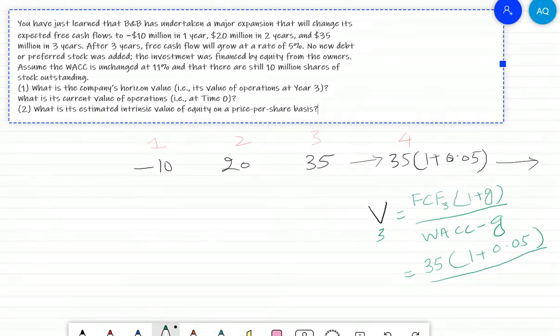WACC is 11% and G is 0.05. If we calculate all of this, we will have 612.5. That is the horizon value of operation at year 3.